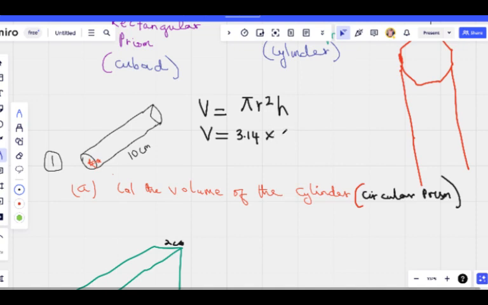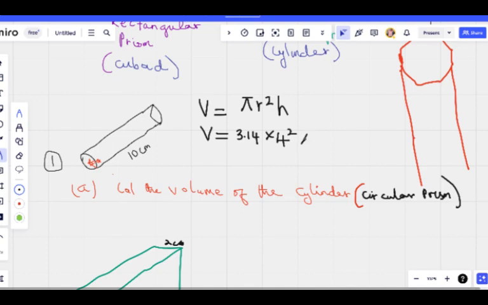The radius of the circular part is 4 centimeters. So we're going to multiply by 4 square, because from the formula it's pi r square. So we're going to square the radius. 4 square is 16. 4 square does not mean 8. 4 times 4 is 16.